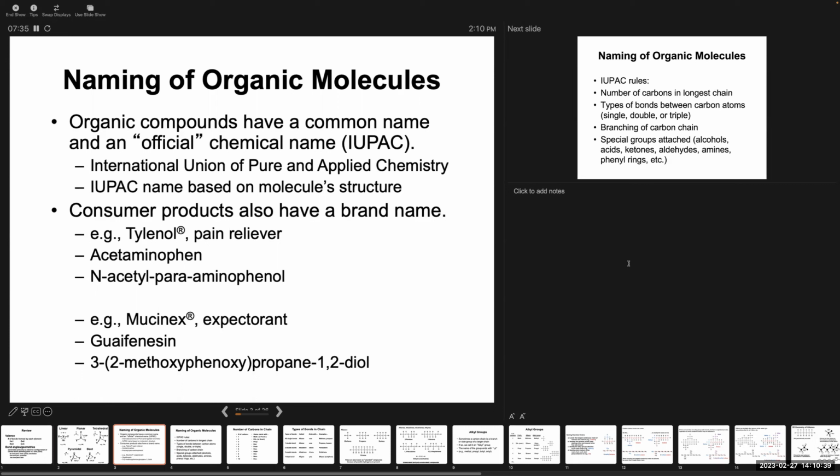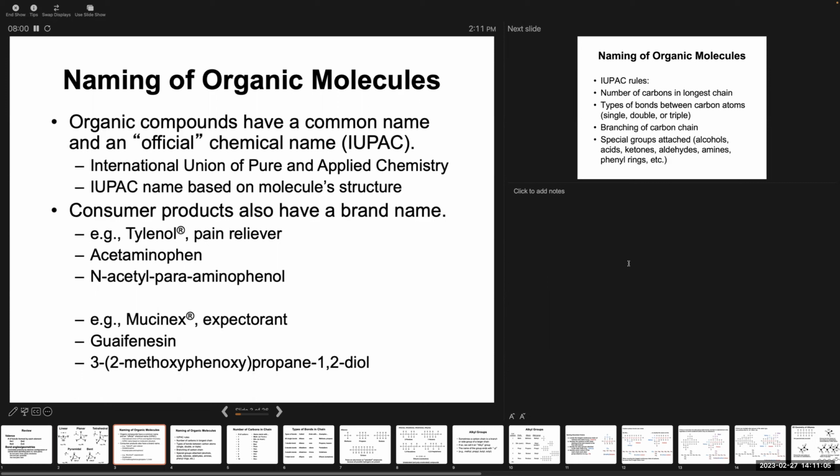That IUPAC name is derived from the general structure of the molecule, actually not even really the three-dimensional structure. If you look at any molecule, if you follow a set of IUPAC rules, you can come up with the IUPAC name for that molecule, because that name is based on the molecule's structure.